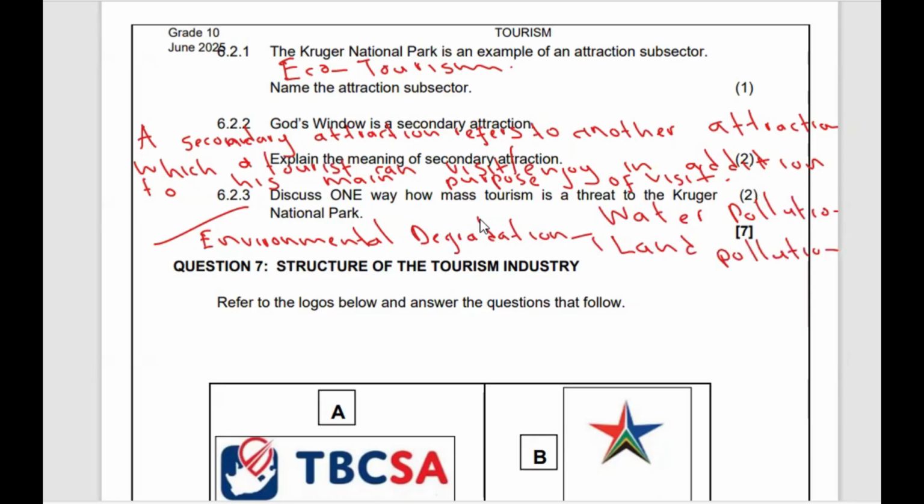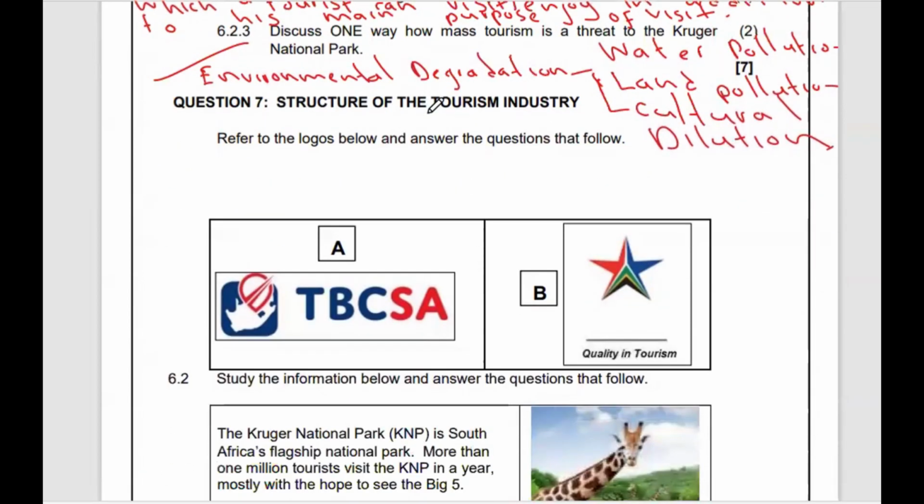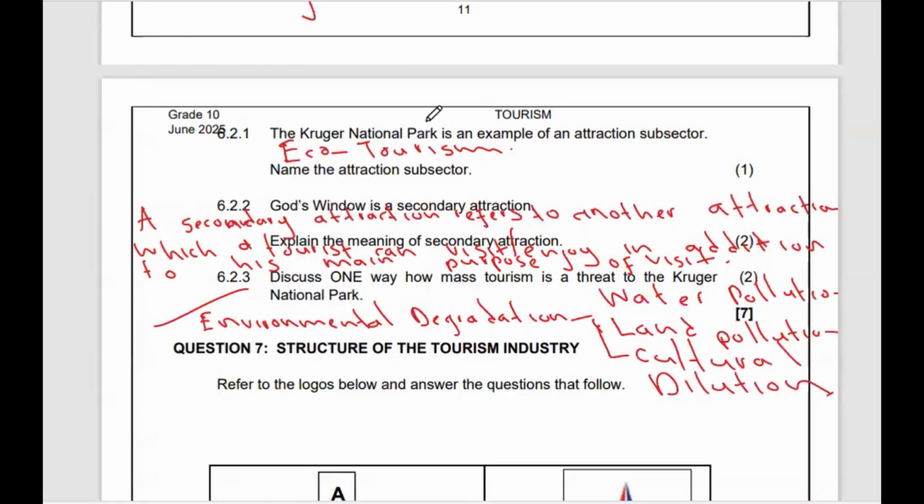Then it can also result in other social problems such as cultural dilution. So in as much as tourism can be a positive activity, it also comes with its own downsides.